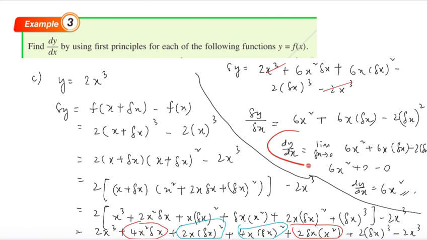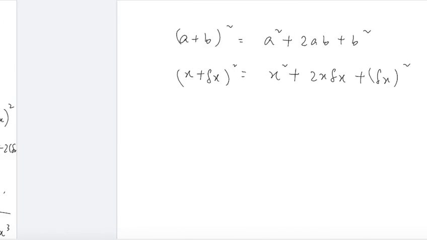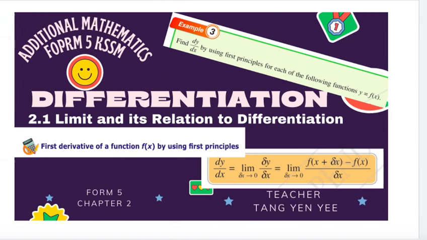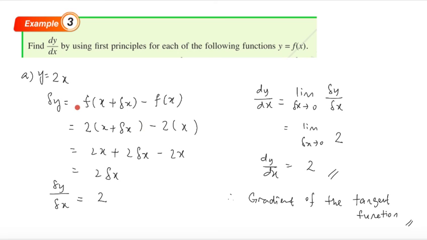After that, you find dy dx equals to the limit delta x approach 0 of delta y over delta x, you get the answer. Okay, the first principle done. Remember this one: start, and then delta y over delta x, substitute here, because dy dx equals to limit delta x approaching 0 of delta y over delta x. Then this is the answer. And the answer actually is the gradient of the tangent function.